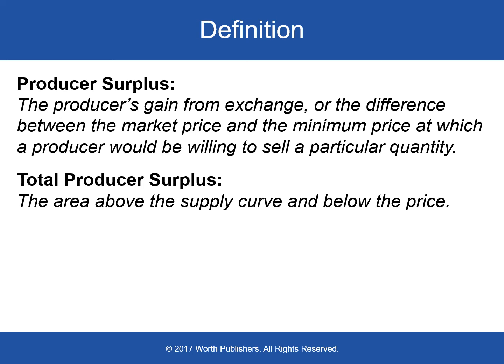Actually, just think of it as the producer profit. That gives you the right intuition. Producers make a profit to the degree that they're selling oil at a price higher than just covering their cost of production.